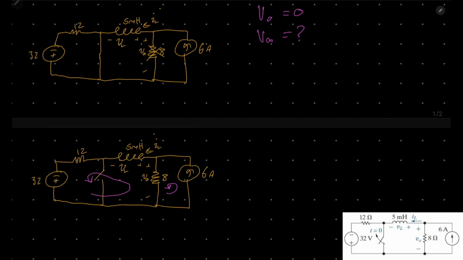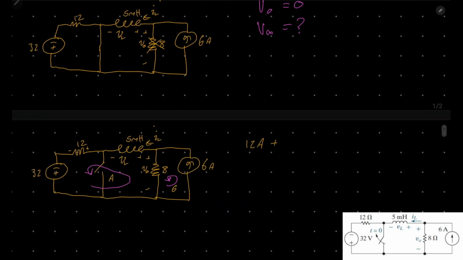We'll start with this 12 ohm resistor and label this A. And then we already know this is 6 amps. So we'll start with 12A plus, remember, when using mesh analysis, it is KVL, which is fall equals rise, because resistors naturally fall from plus to negative. So this 32 will be on the other side of the equal sign.